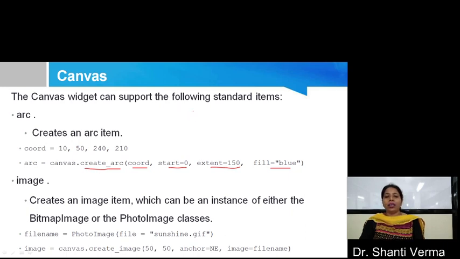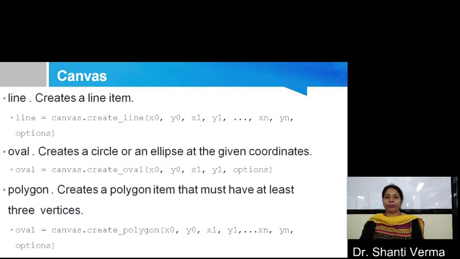For creating an image in the canvas, you write canvas dot create_image, the x-axis and y-axis position, then the anchor, meaning the direction, which I pass here as northeast, and the name of the file.